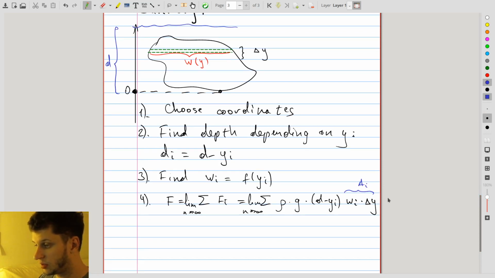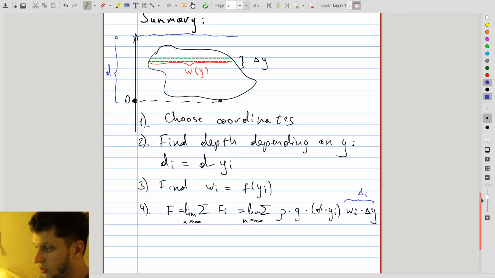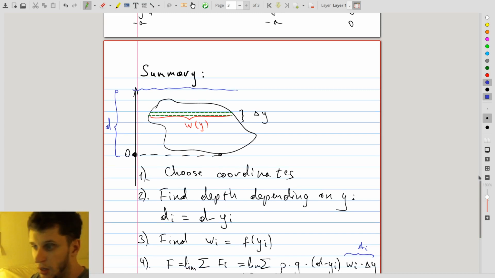And so once you write everything out, you get an expression that is an integral sum, and you have your integral setup.